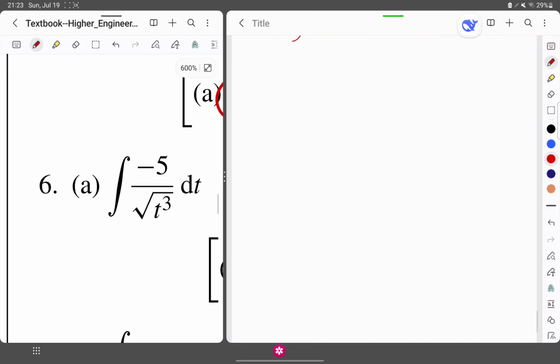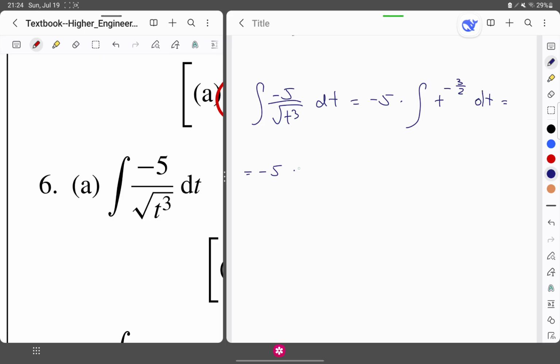Let's do 6. I'll try to do each of them with different colors, so it can be a little bit good and fun. T to the power of 3 dt. So it is what? Negative 5 times the integral of t to the power of negative 3 over 2 dt. Okay, so it will be negative 5 times negative 3 over 2 plus 1, which is negative 1 over 2.